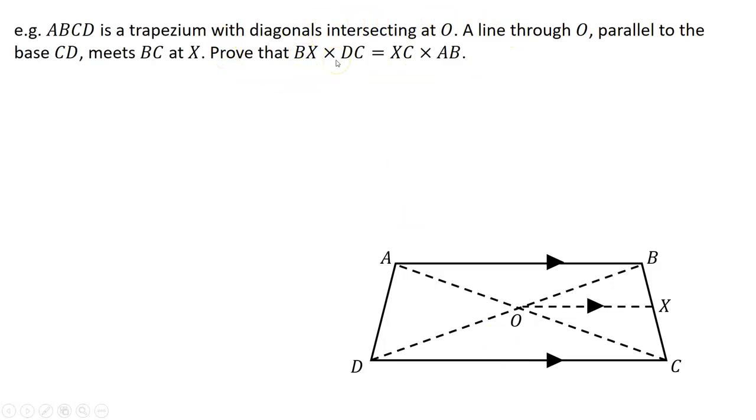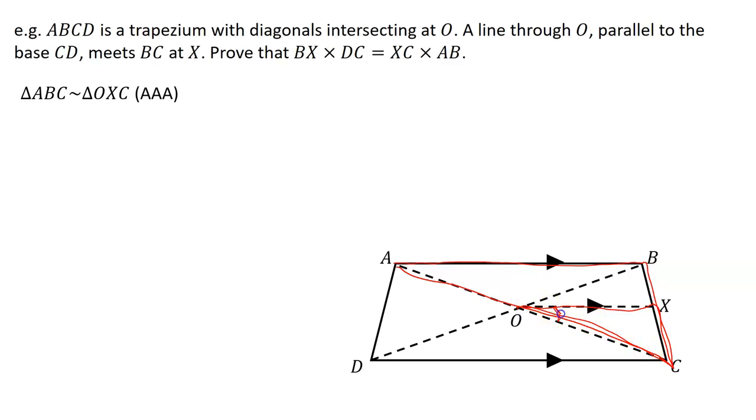Now, at the moment, I don't know how that's going to happen, so I'm just going to get started on noticing some similar triangles. Triangle ABC is similar to triangle OXC. How do I know that?